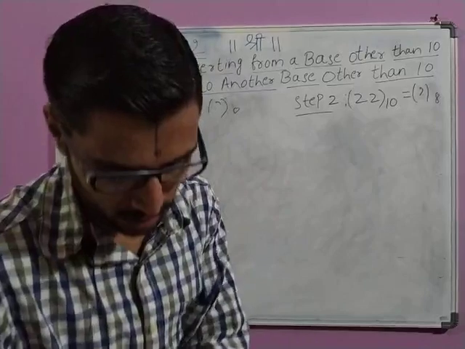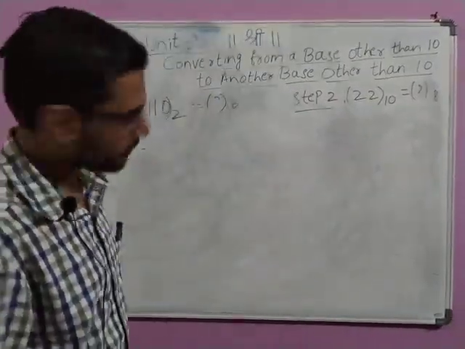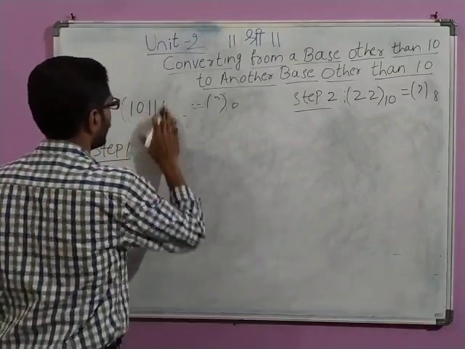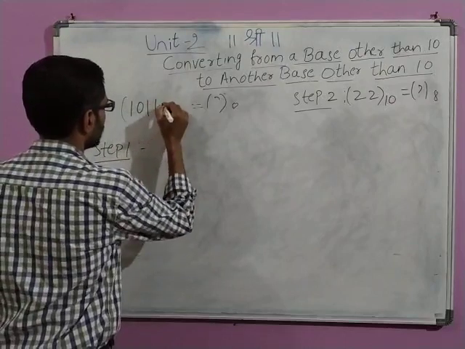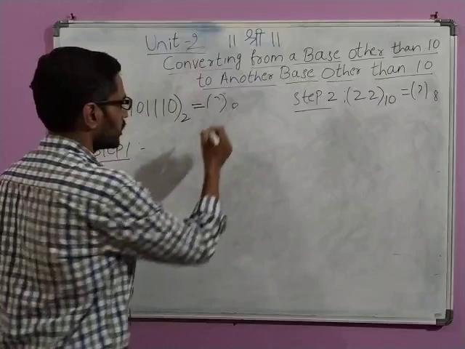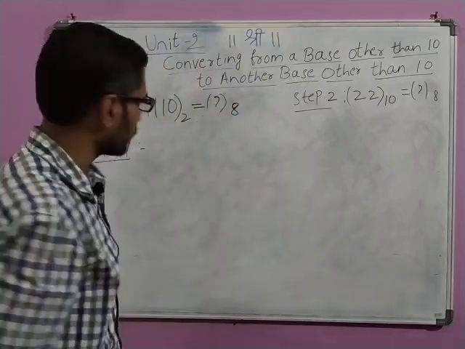So let us take this question from the textbook. 1 0 1 1 0. Now let us take 1 0 1 1 0 binary to the base 8. Again, the first step is going to remain the same.